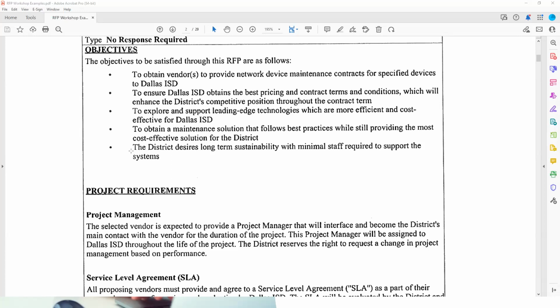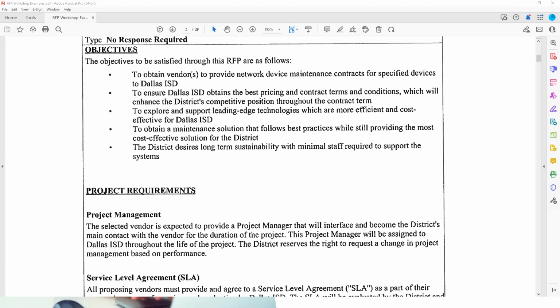So they're telling you right off the top, we want the best pricing, the contract terms and conditions which will enhance the district's competitive position throughout the contract term. They're also telling you to explore and support leading edge technologies, which are more efficient and cost effective for Dallas ISD, right?